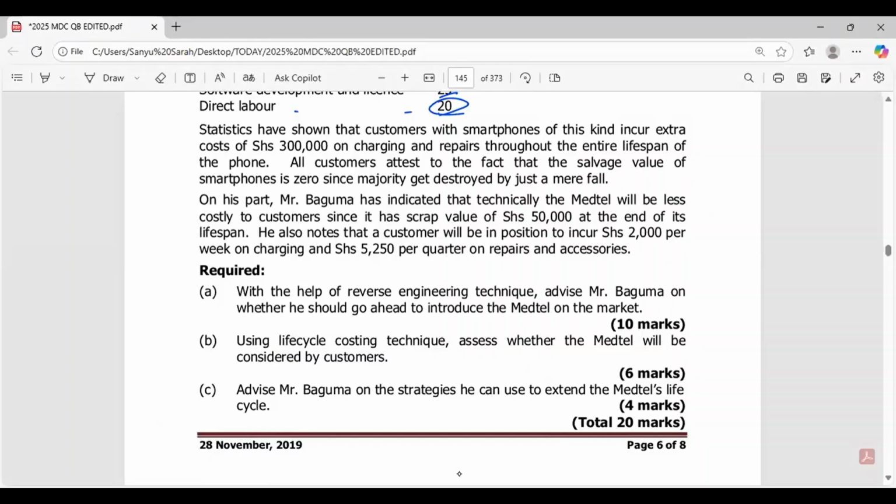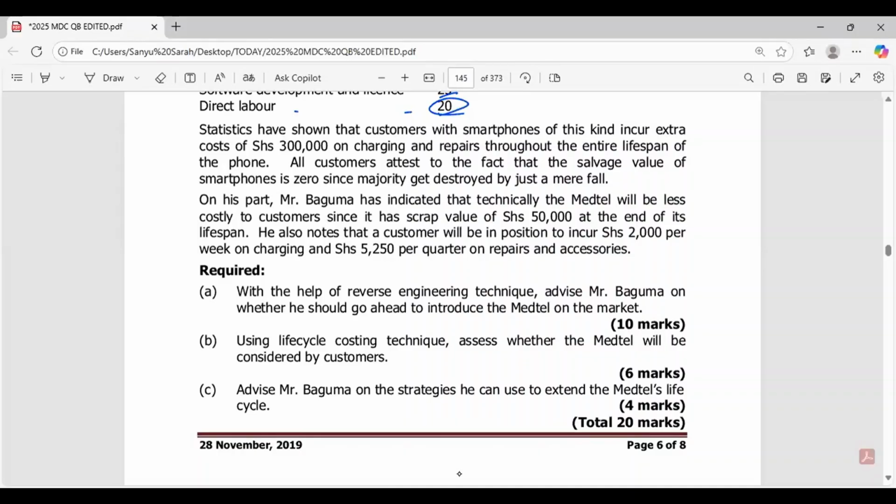Now, life cycle costing technique does not apply during production. Life cycle costing technique applies in the life cycle of the product. So whether the Meditel will be considered by customers, we need to compute the life cycle costs that the customers will incur if they are to use the Meditel.